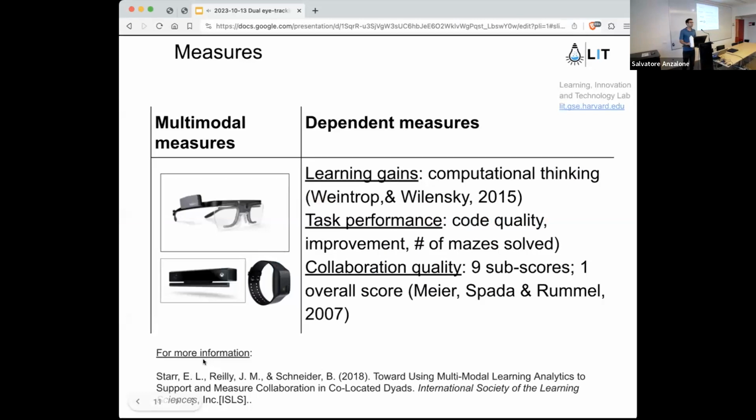We had measures of learning, using a pre and a post test to measure computational thinking skills. We had measures of task performance, basically how well they solved those different mazes. We also used a rating scheme to assess their quality of collaboration. This rating scheme has different subdimensions where a person watches the video, gives a score to different episodes, and then you aggregate them together to get an overall score of collaboration.